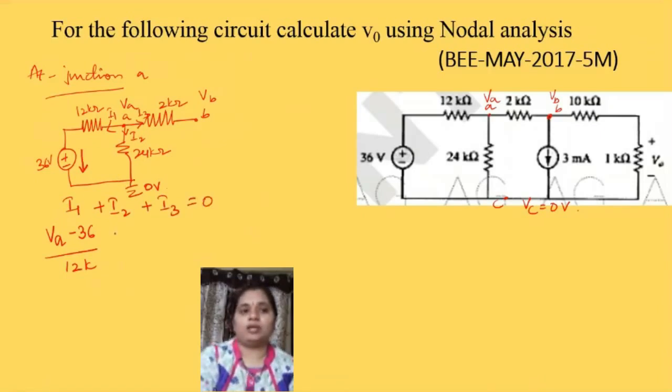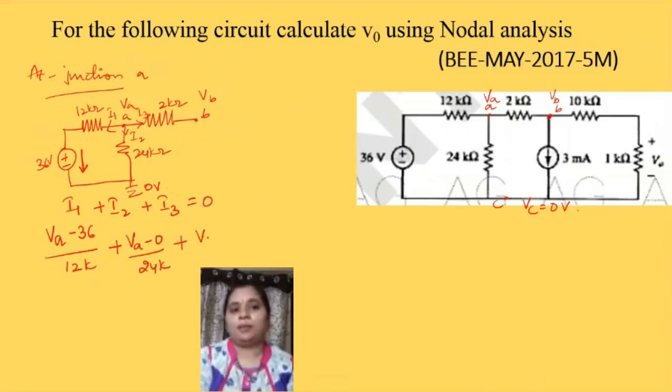For I1 I have written the equation. Now I2 is VA minus 0 by 24 kilo. Next I3 is VA minus VB by 2K, which is equal to 0.